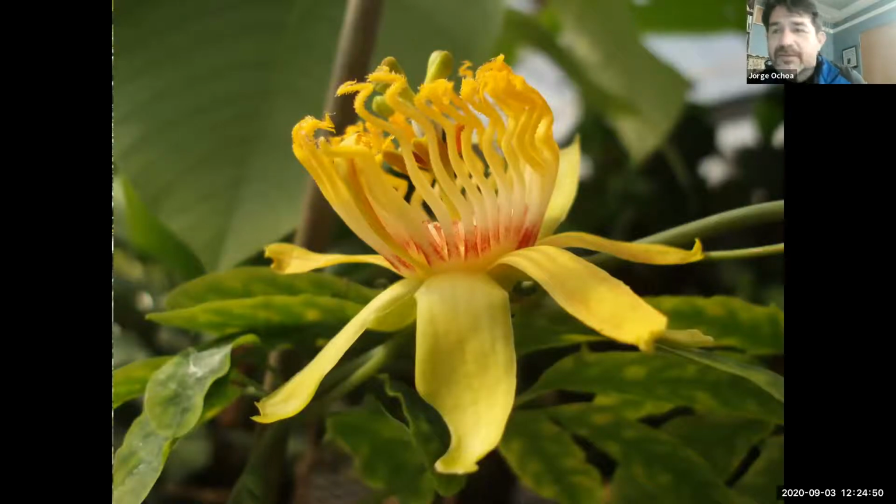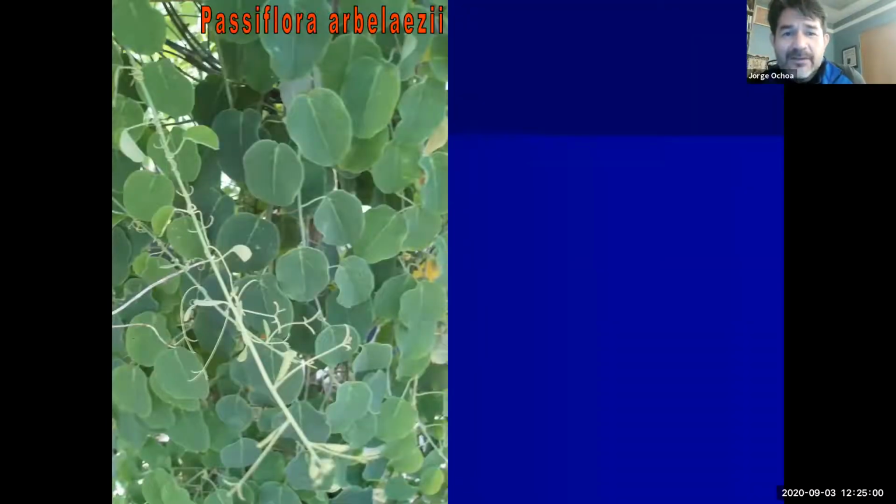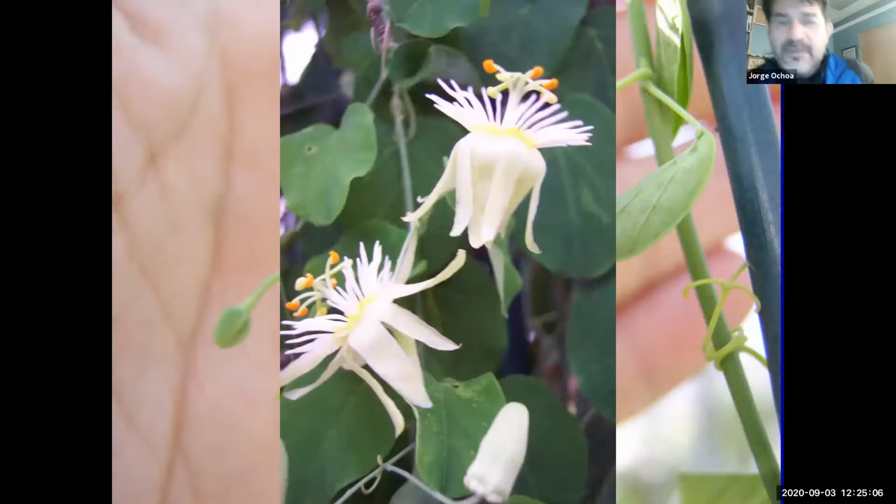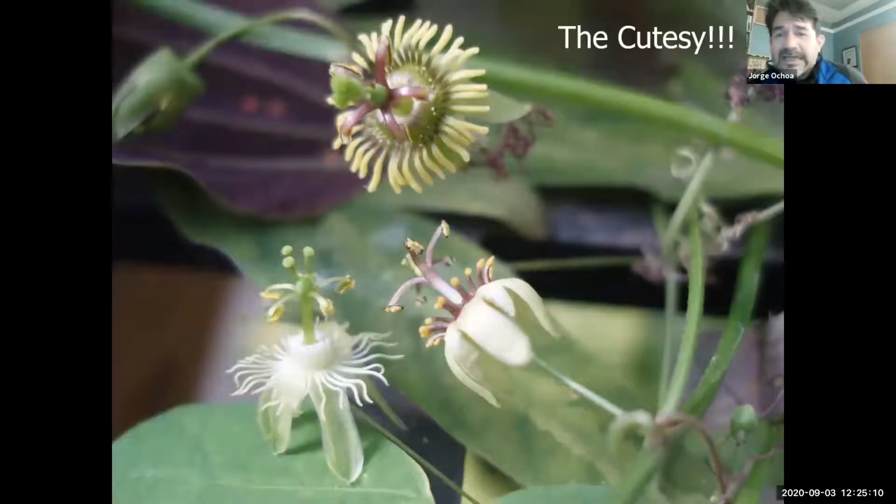Only a very few number of people have managed to get it to flower. I was number 3 in the world to get it to flower in cultivation. And then we have Arborlisi. There's the tendrils with the buds, which will open into these smaller flowers. And those are all that I have from the weird.